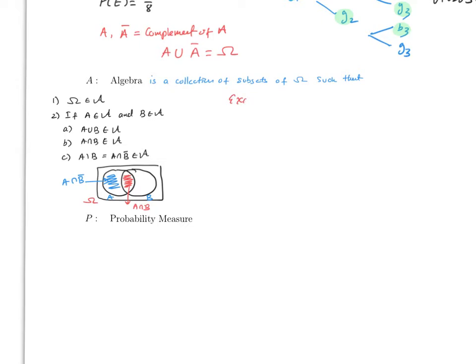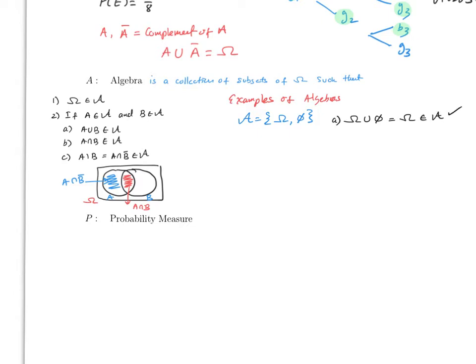Right, so here are some classic examples of algebras. The most basic one is the trivial algebra, which will have the whole sample space and the empty set. Here you can see that the first part is satisfied. If we do the union, everything union with the empty set is equal to everything, which clearly belongs to the algebra.